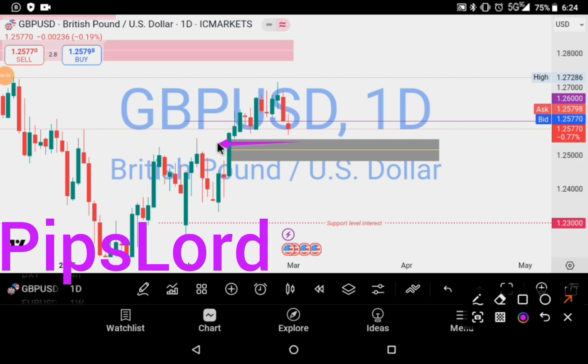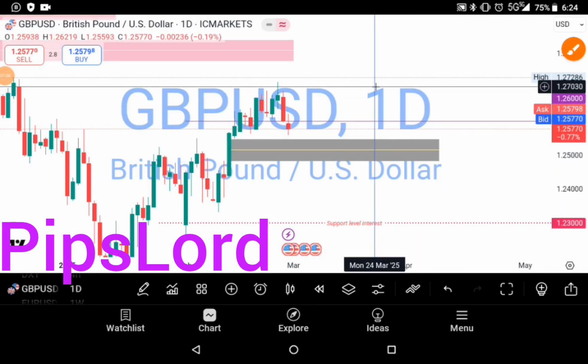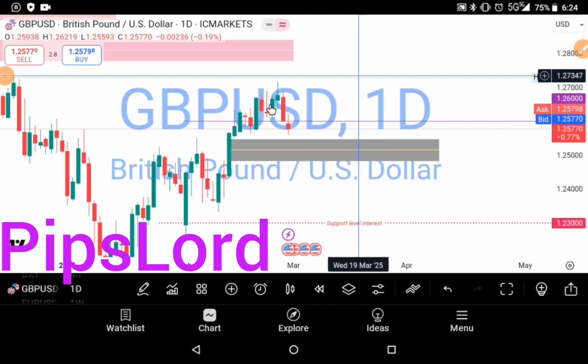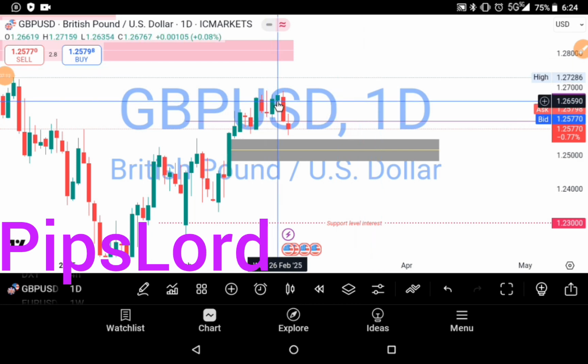But we have not seen 1.27500 being traded into. 1.27500 was also short of some movement here, so it has not been traded into.